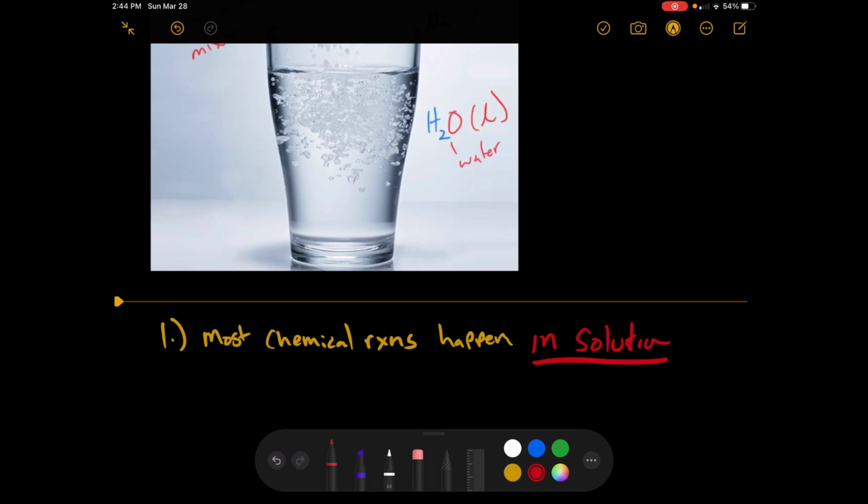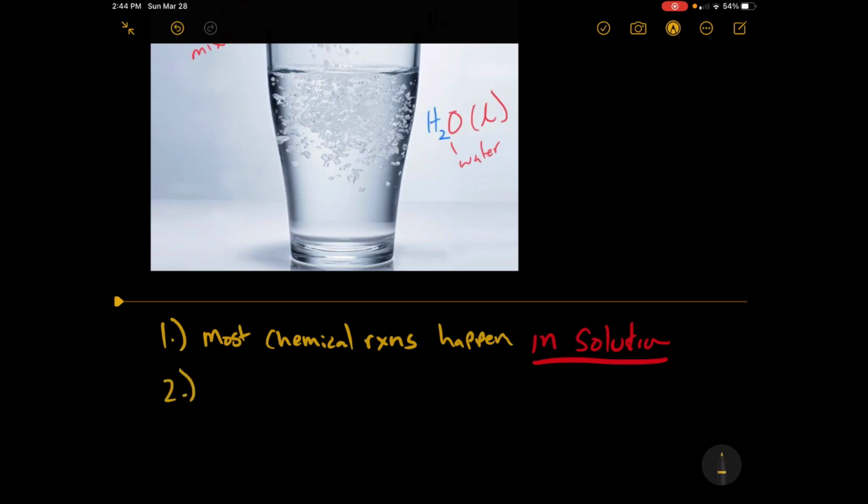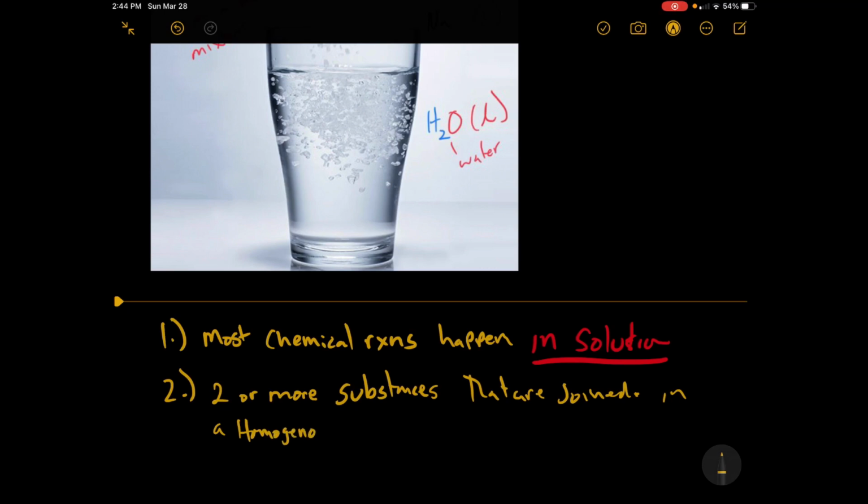And number two, solutions are made up of two or more substances that are joined in a homogeneous mixture.